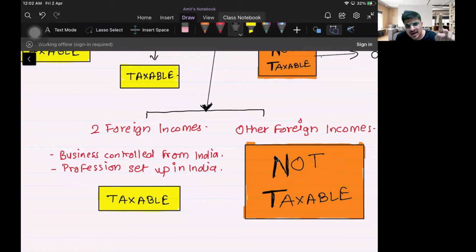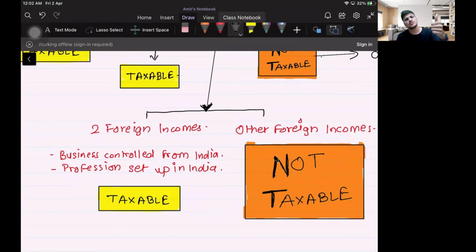Is it accruing in India? No. Is it received in India? No. What is the thing which is connected to India? That is control. India से वो business control हो रहा है. Because of that, whatever income that outside India business is earning, RNOR will have to pay tax in India.